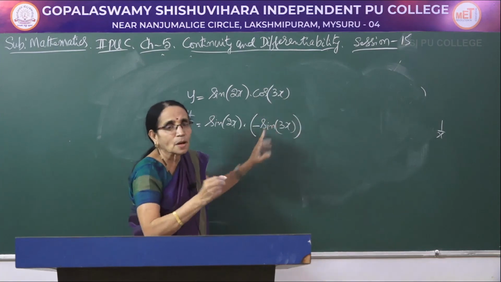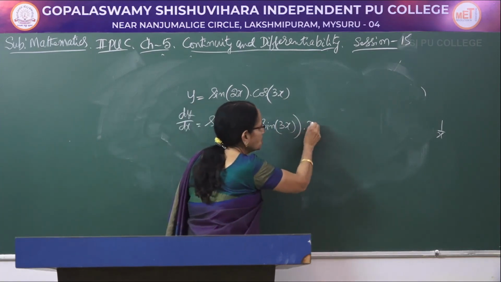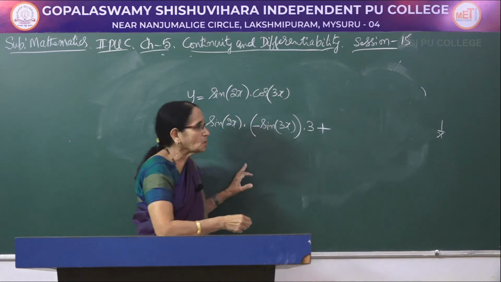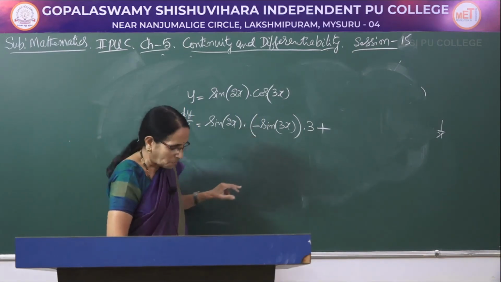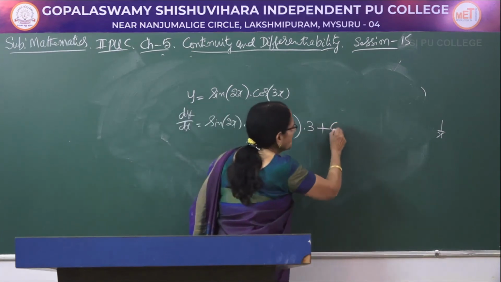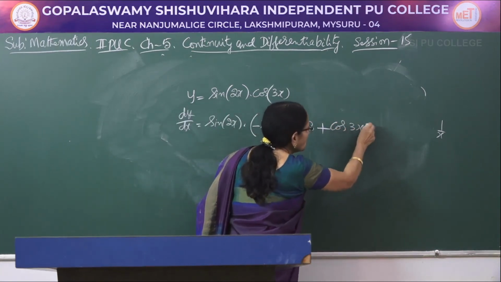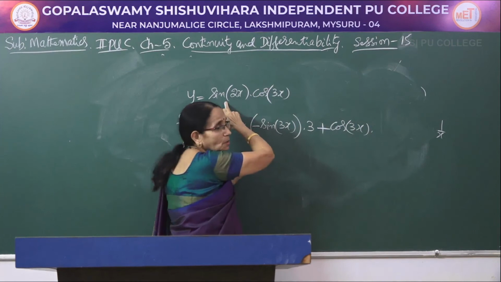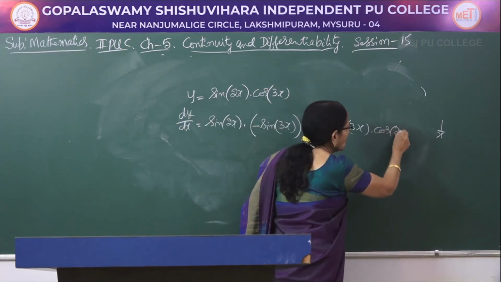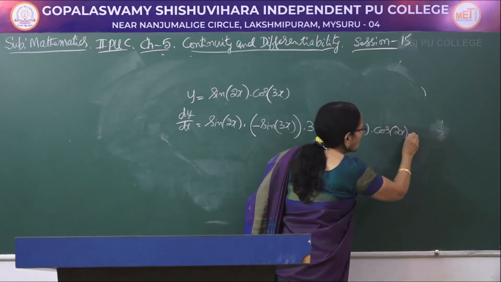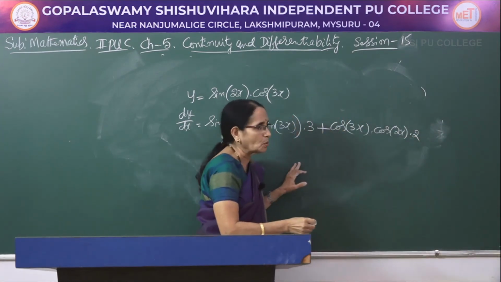But 3x also has to be differentiated, which is 3. So first function into the derivative of the second plus second function, that is cos of 3x into derivative of the first. Sin of 2x can be written as cos of 2x. For 2x it is into 2.